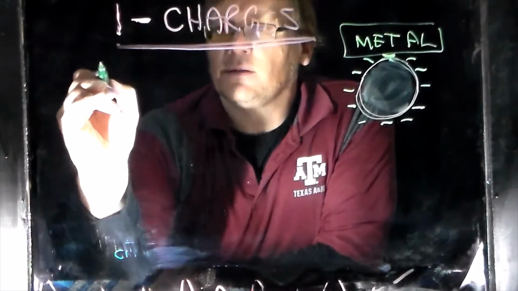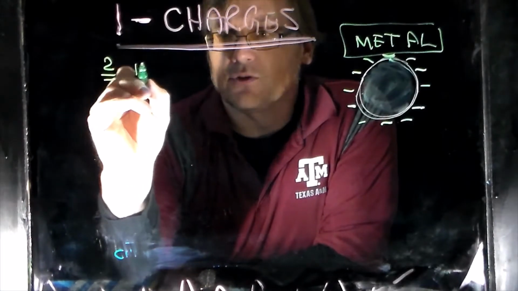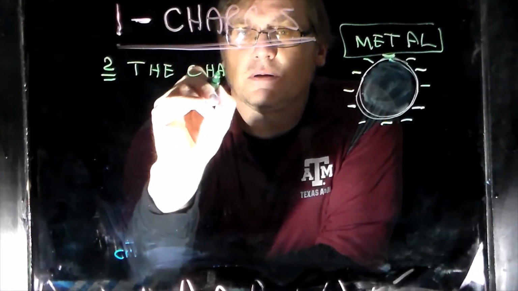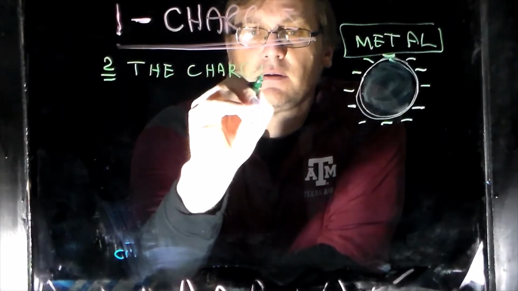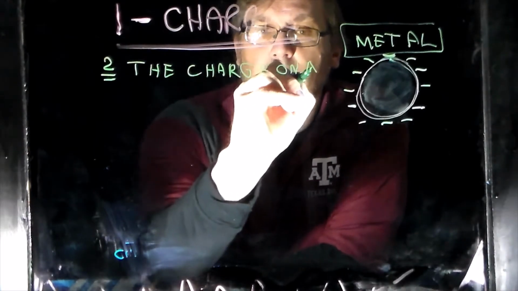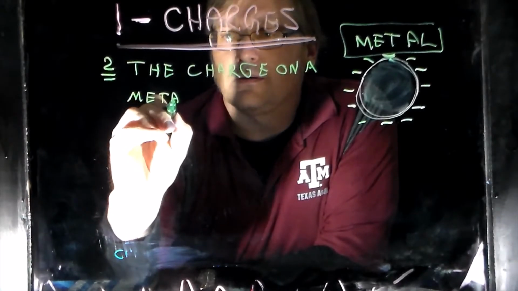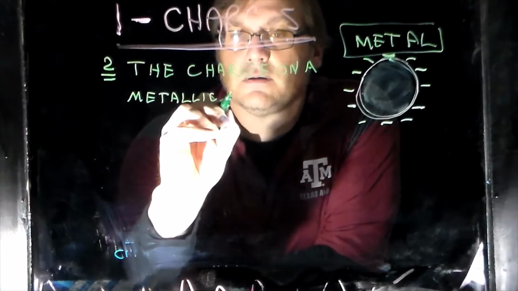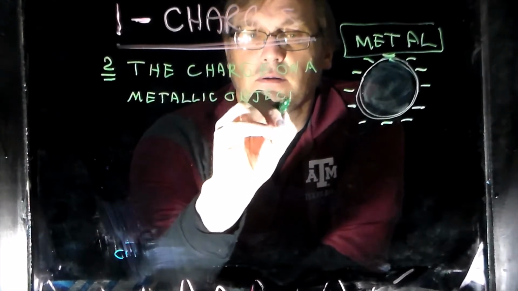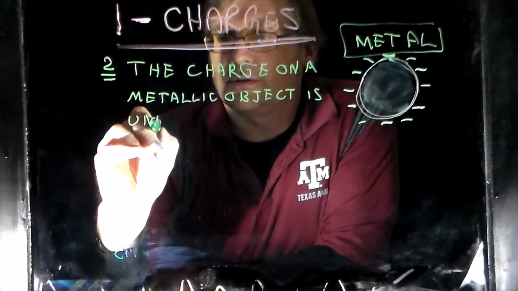So let's say that 2. The charge on a metallic object is uniformly distributed.